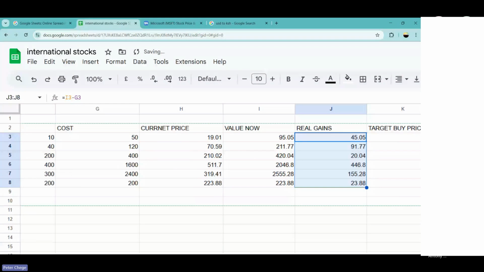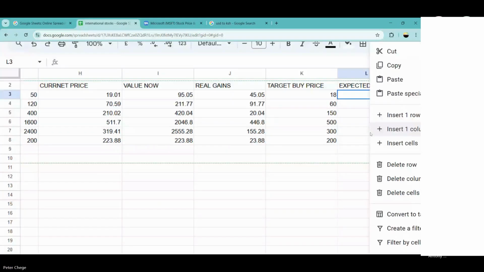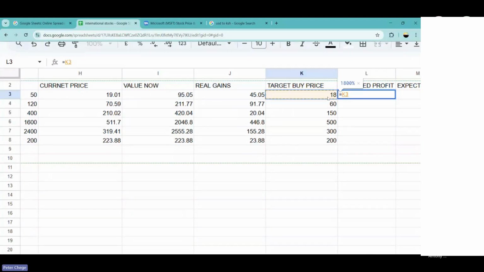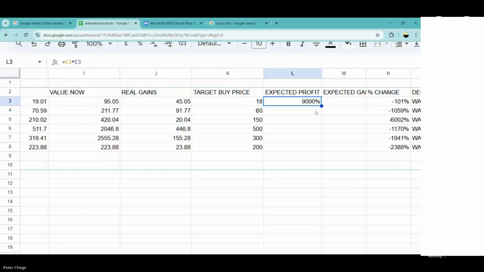Then target price, expected profit. Again, this equals target buying price times quantity. You're just automating everything so that you don't need to change. Sorry. Here I need to do something. You need to subtract your cost.